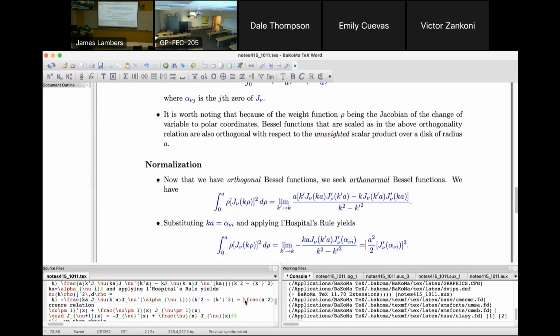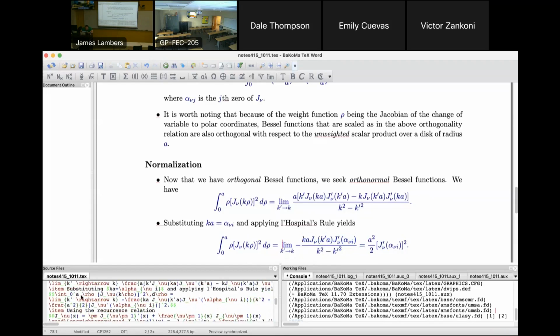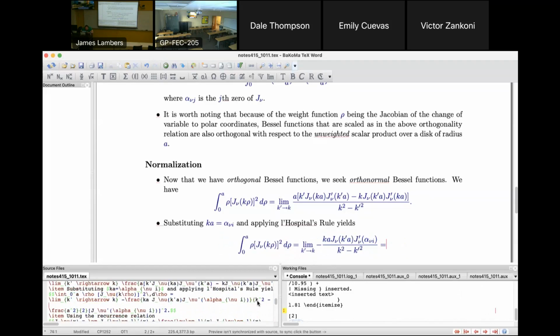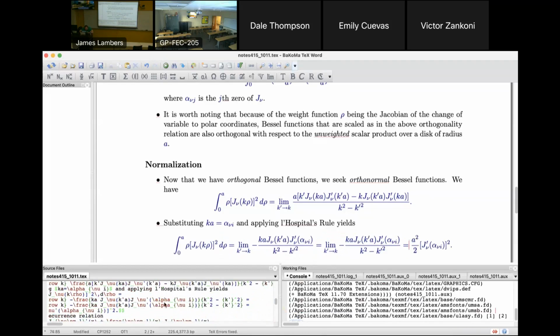I want to show that a little more clearly. So downstairs I have minus 2k prime. Upstairs we have ka.